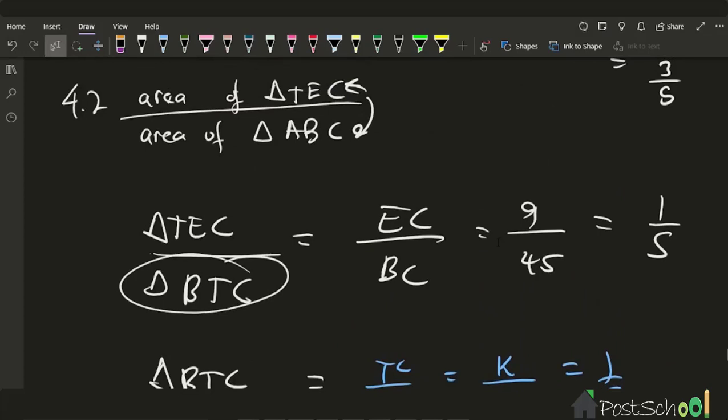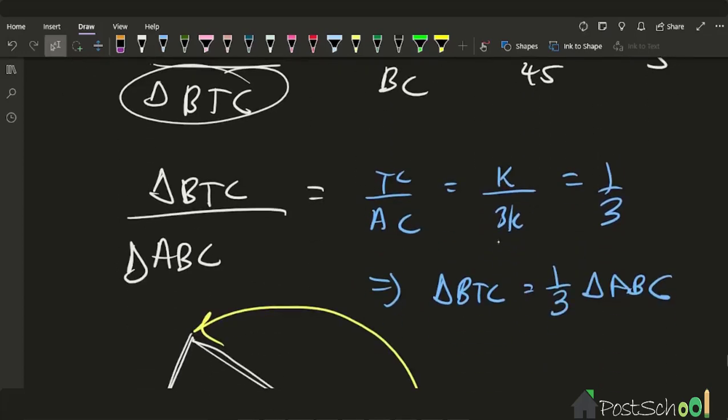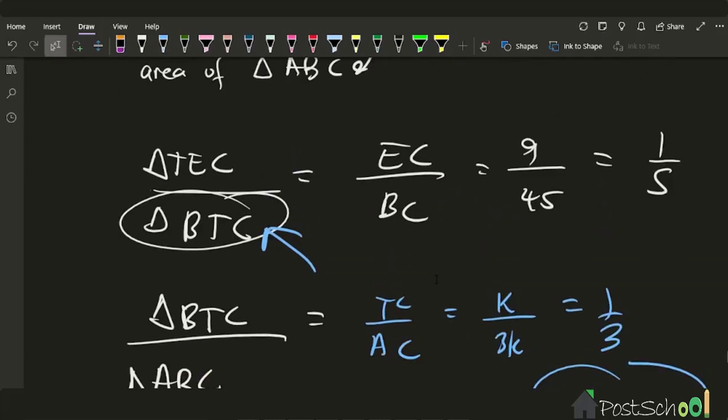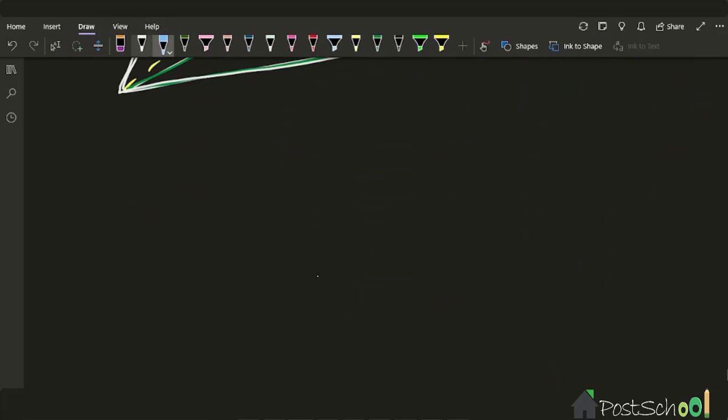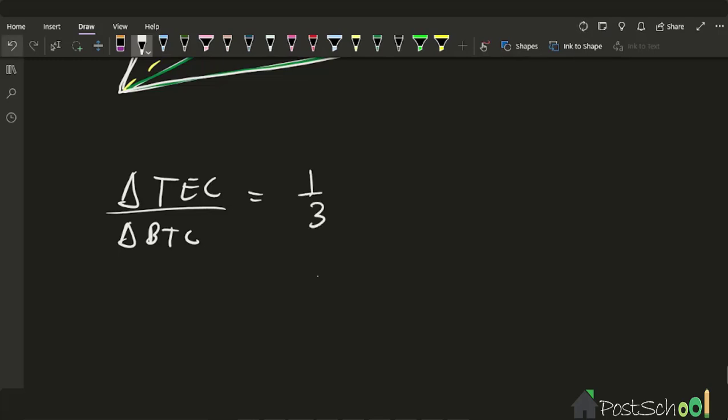Therefore you can plug this in, with the answer as a whole. So triangular TEC over triangular BTC is equal to, we said this was 1 over 5, right? Said this was 1 over 5.